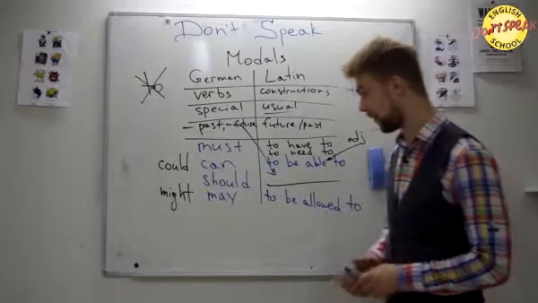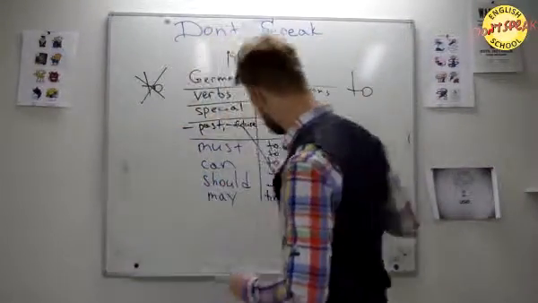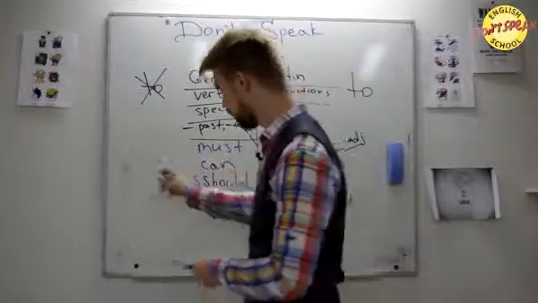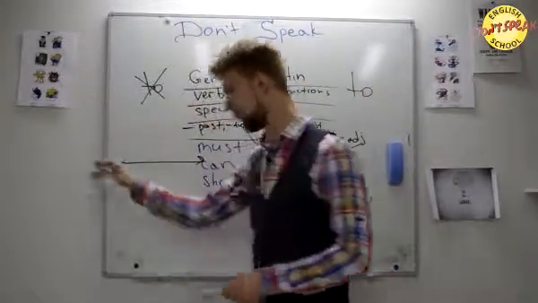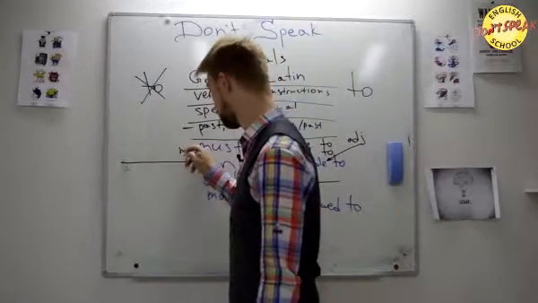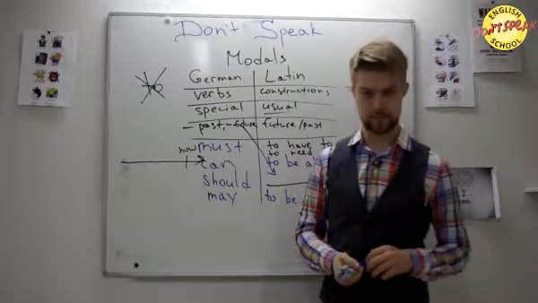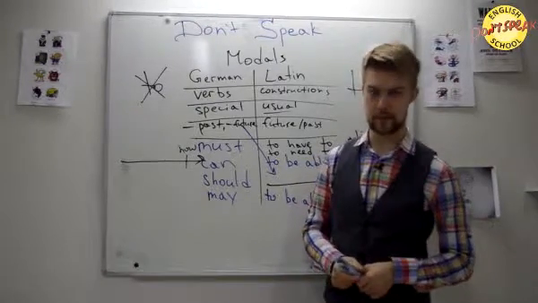So, how do we speak about this? Let's imagine this line represents time, and this is our now, and somebody says "I'm late," or something like this.